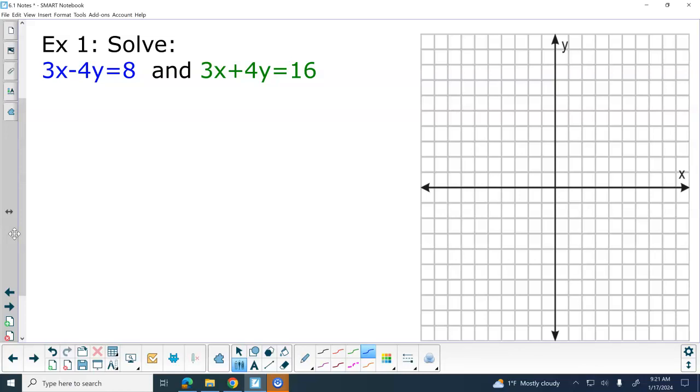If I'm going to solve this one for y equals mx plus b, I first subtract 3x on both sides. Then I get negative 4y equals negative 3x plus 8. Then I divide all by negative 4.